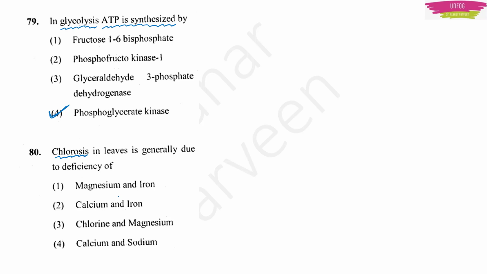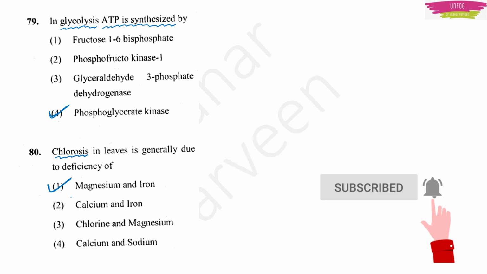And this chlorosis in leaves is generally caused due to option 1, magnesium and iron. Option 2, calcium and iron. Option 3, chlorine and magnesium. And option 4, calcium and sodium. So chlorosis is majorly caused due to the deficiency of magnesium and iron, which is the first option and the correct answer.